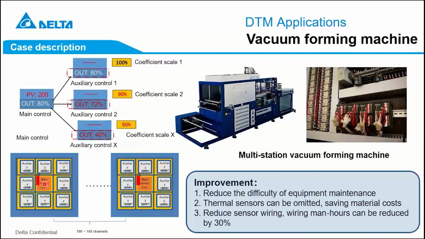we only have 1 sensor in the center, and there's a 9 output. So the feature is we can modify the output ratio for each of the channel. For example, this one, we give them the 100% output. And for this one, only 90% output.